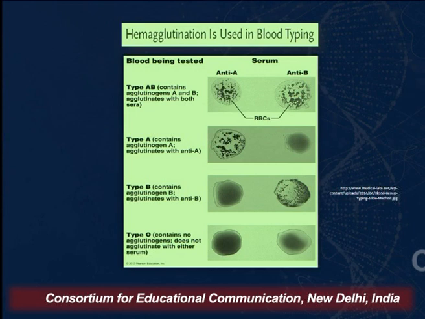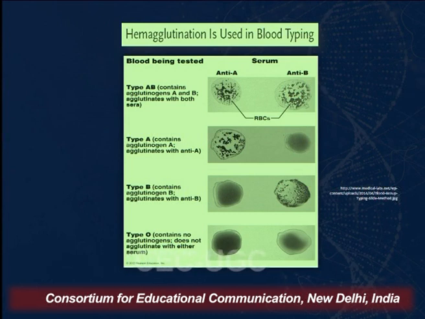This reaction gives us an idea of what blood group the person has. In type AB, as we know, both antigen A and antigen B are present, so there will be agglutination reaction with both anti-A and anti-B samples.